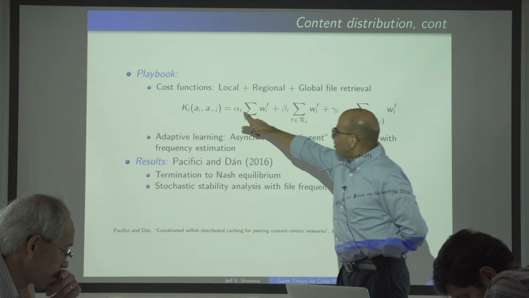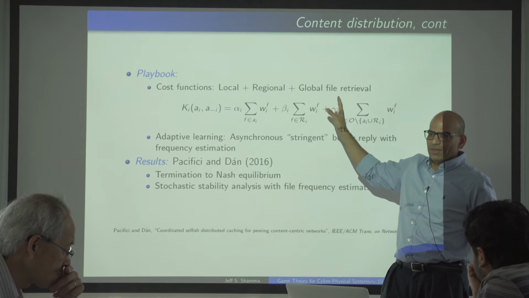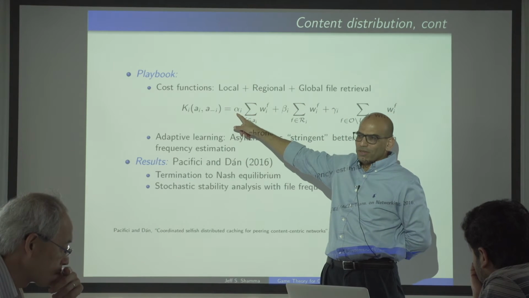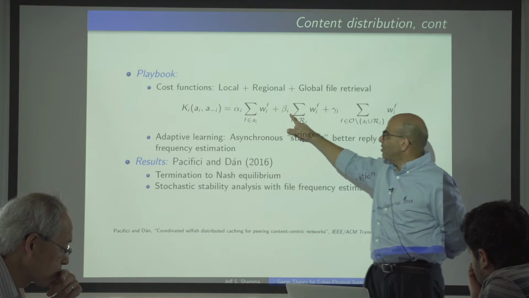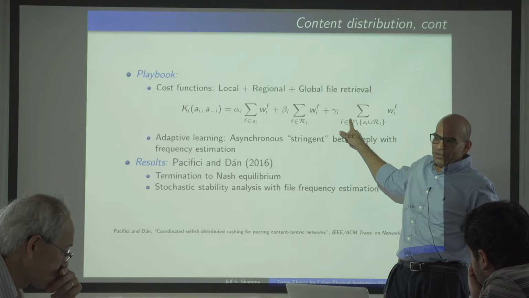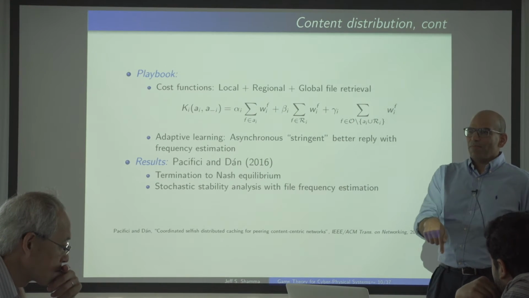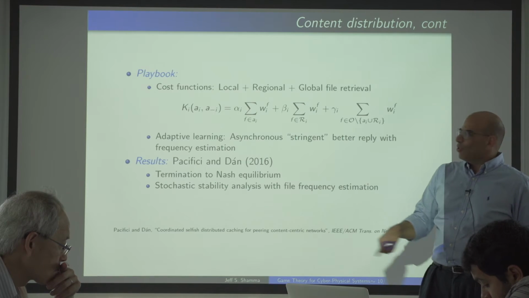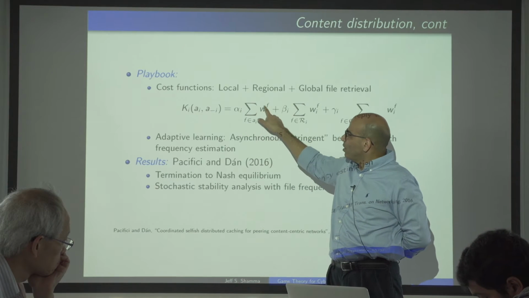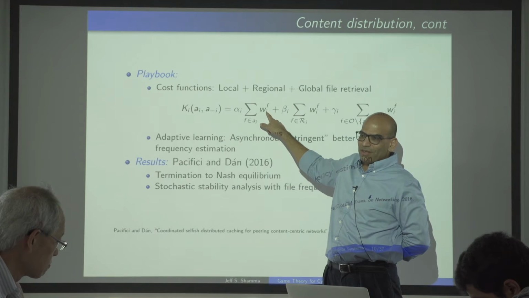These constants, alpha, beta, and gamma, where alpha is smaller than beta is smaller than gamma, just represent how much it costs to keep a file locally, how much it costs to get it from my neighbor, and how much it costs to get it from the central storage. The W's are the frequencies of my own population. So you can think of this as the retrieval cost for my own population.